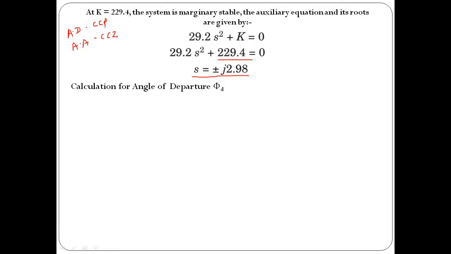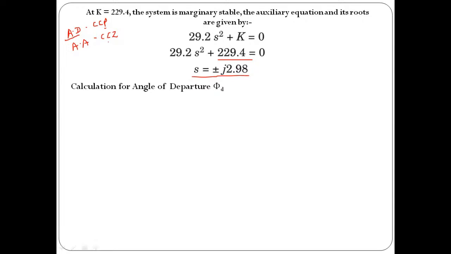Why? Because a complex conjugate pole is a pair of poles from where the branches are going to start their journey as far as the root locus is concerned. So definitely we need to provide a direction through which branches are going to leave and start their journey. That direction is provided through the angle of departure.